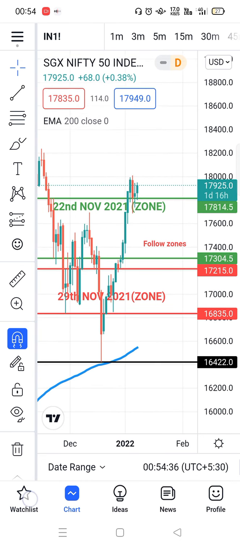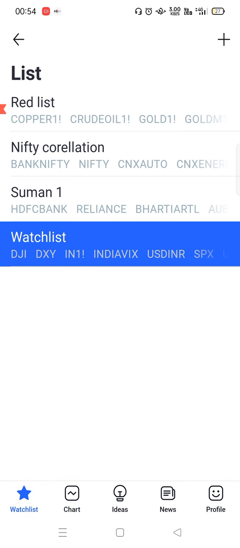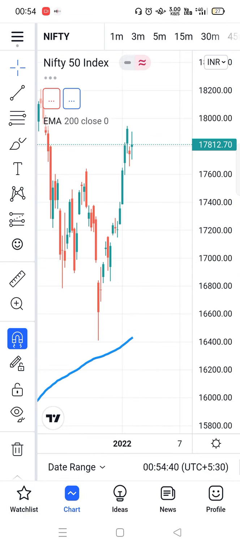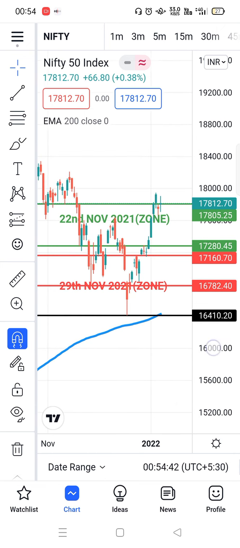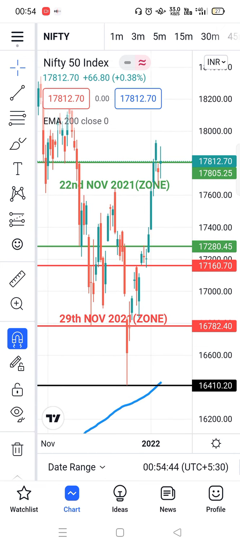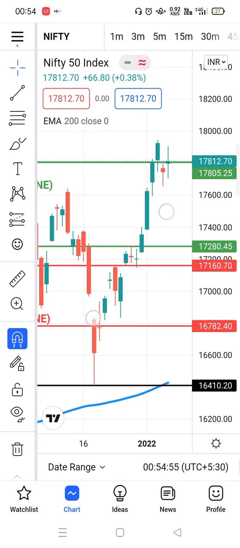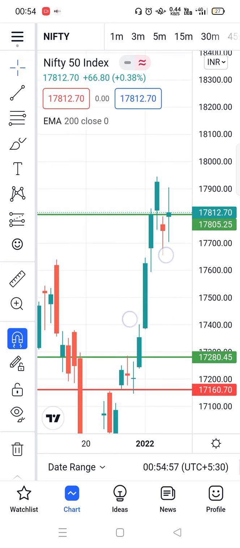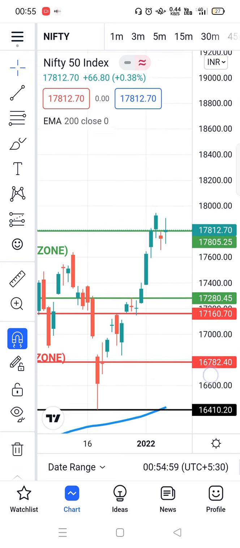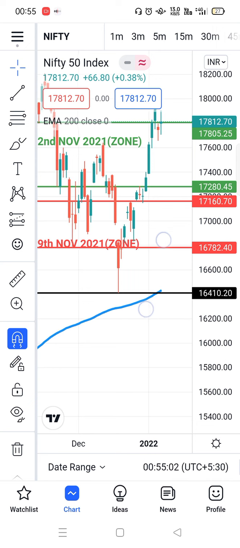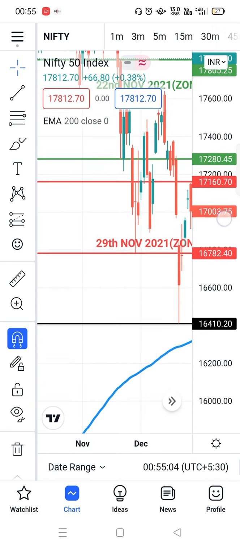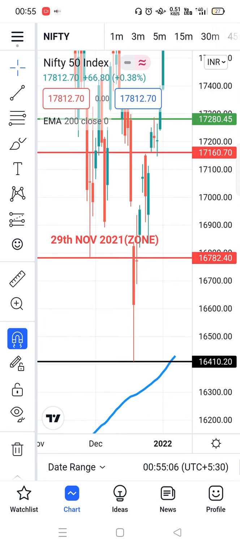So, guys, in this Nifty chart, when we are looking forward, I have marked the 22nd of November and 29th of November zone. We are bullish after the 22nd of November's high breaks. But I don't think it will happen because inflation is on the rise. It will come to the 29th of November 2021 zone.